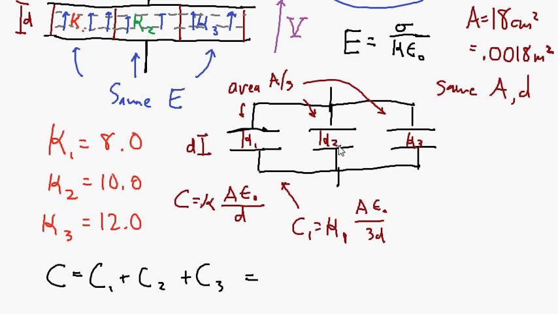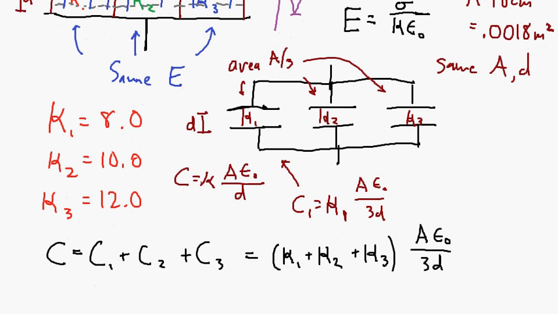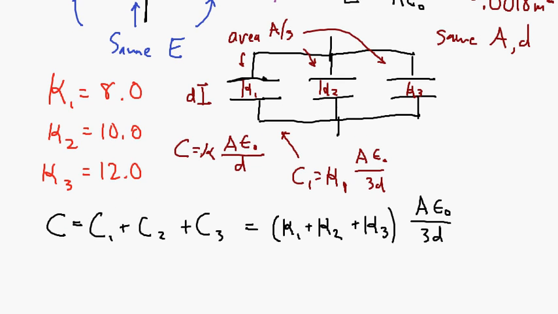And this guy is going to have the same, except it's going to be kappa 2 in place. So when you sum all these 3 up, I'm just going to skip a step ahead, you're going to have kappa 1 plus kappa 2 plus kappa 3 times A epsilon naught over 3D. Okay, so at this point, really, it's just plug and chug.